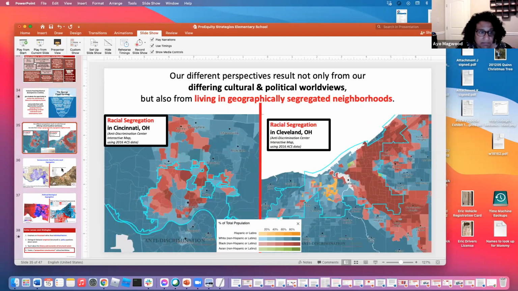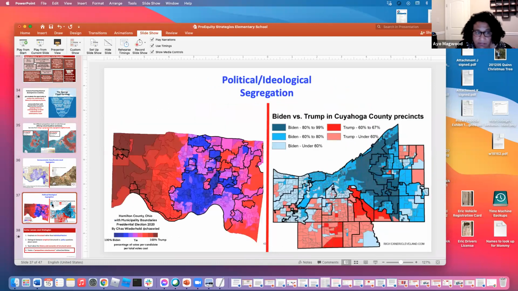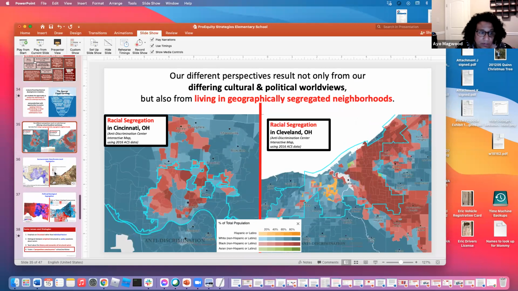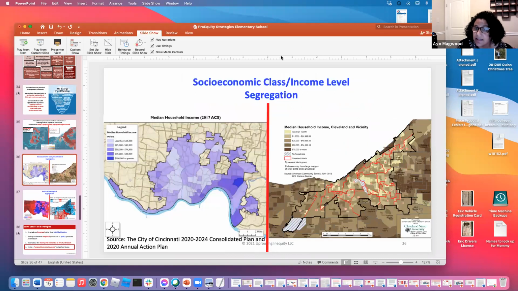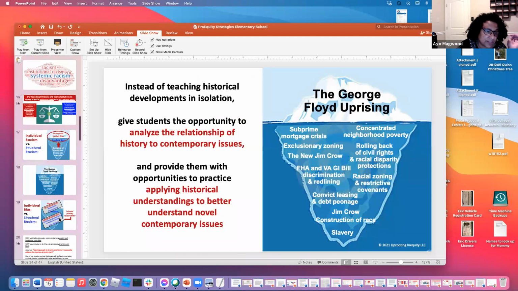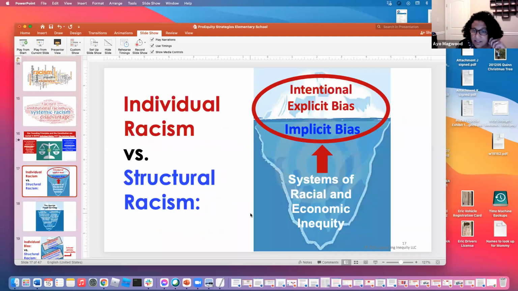For example, I showed the maps, right? And I'm wondering if we could get a field trip to go in. What are some ideas that people have about how we could start sharing about the distinction between individual versus structural racism? So this chart. Anybody have any ideas?